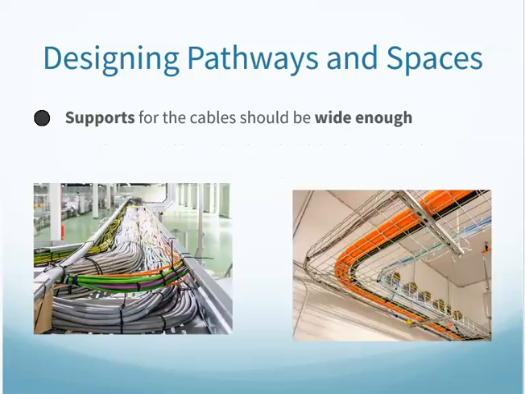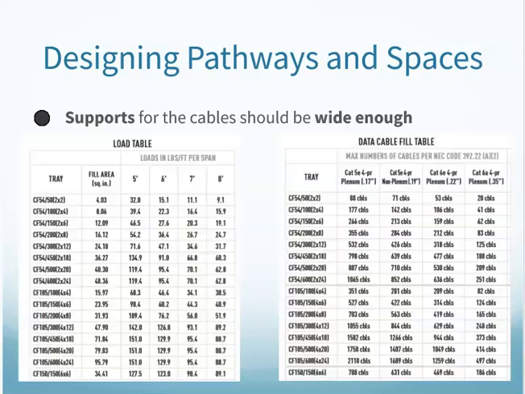So as we're dealing with that, we're thinking about this kind of thing here, making sure it's wide enough to support all the cabling. Here's a better example. We have room to spread out the cabling if we need to, and strong enough. We'll look at this when we pick out our trays for the bid spec.